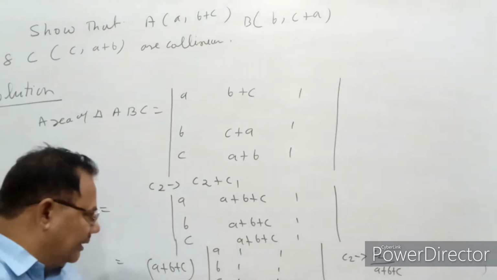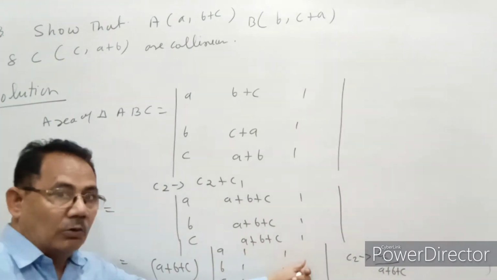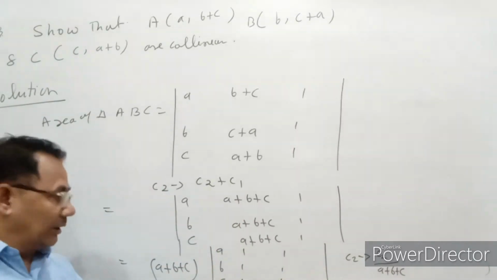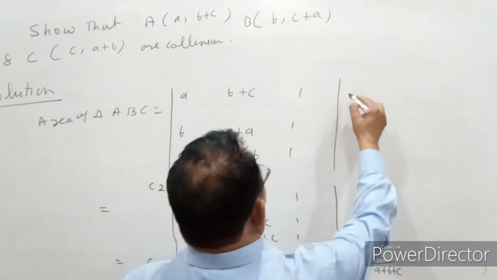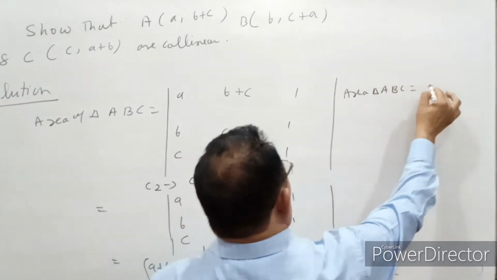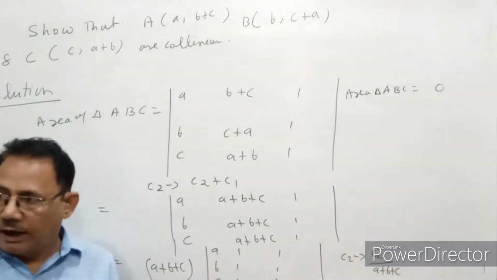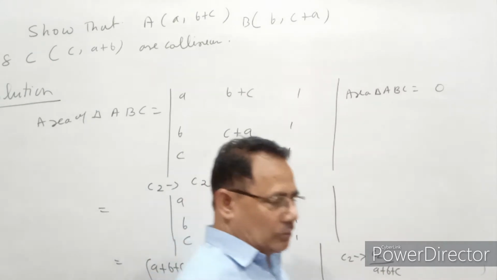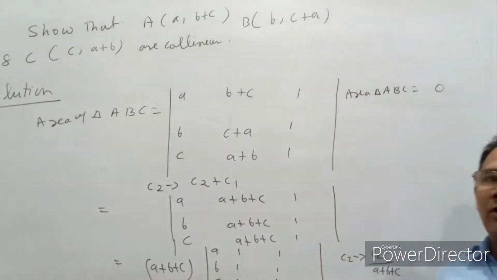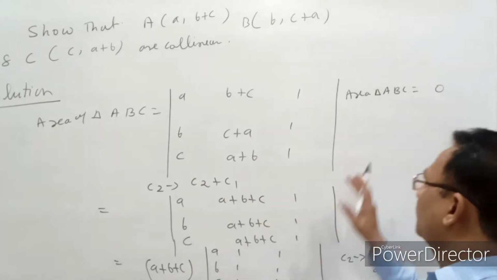So here, because the elements of the second column and the elements of the third column are identical, the area of triangle ABC is equal to 0. Why do we write 0? If any two rows or any two columns have the same elements, then the value of the determinant is always 0.